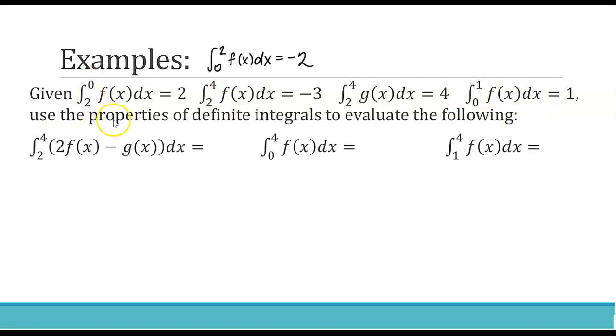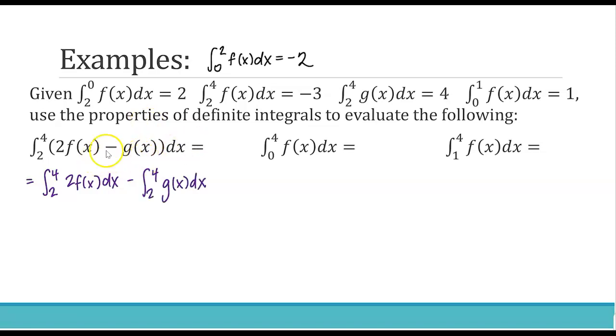So we want to use these pieces of information and the properties of definite integrals to evaluate the following problems. So here we have the integral from 2 to 4 of 2f of x minus g of x dx. Well, our properties tell us that we can split this up into the integral from 2 to 4 of 2f of x dx minus the integral from 2 to 4 of g of x dx.